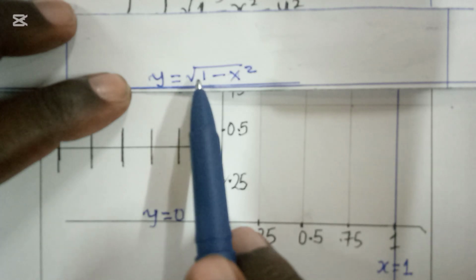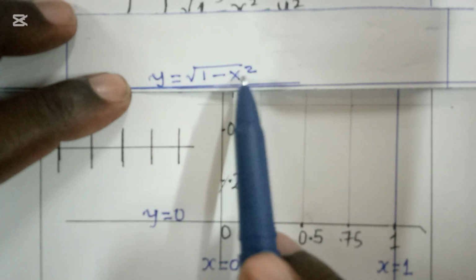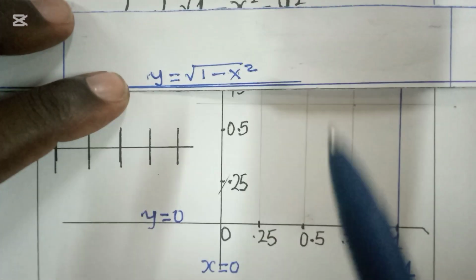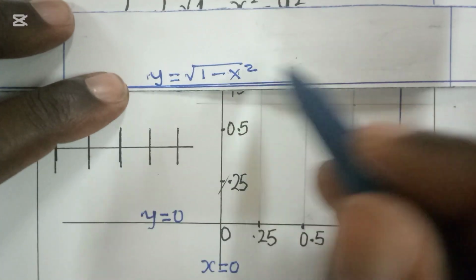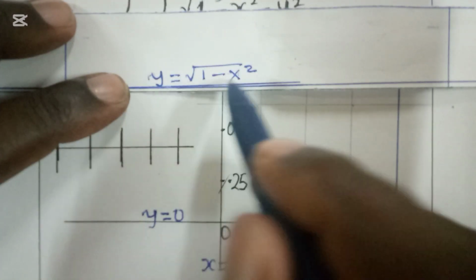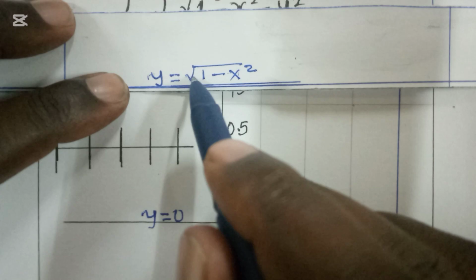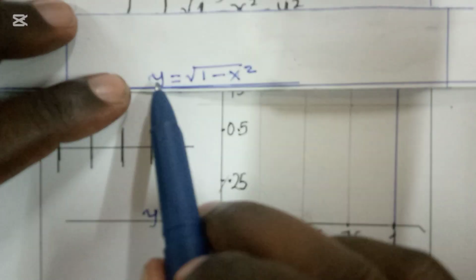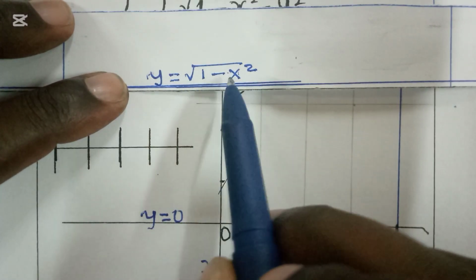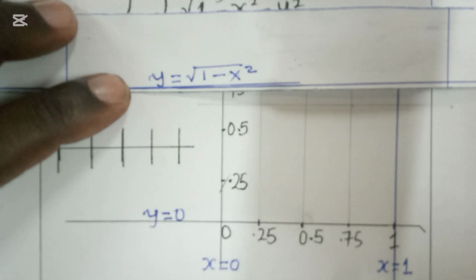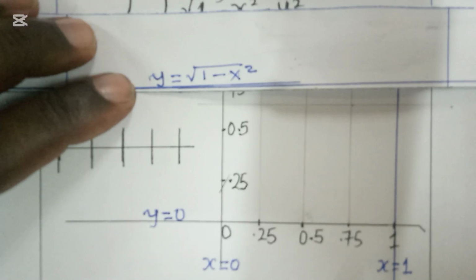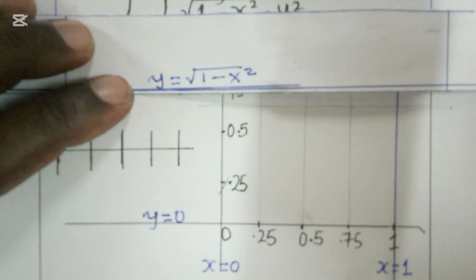So for us to get the highest value of y, we are going to put x to be 0. And so when x is 0, you have 1 minus 0 is 1. The square root of 1, y is equals to square root of 1, which is 1. And so our upper limit for y then is supposed to be 1.